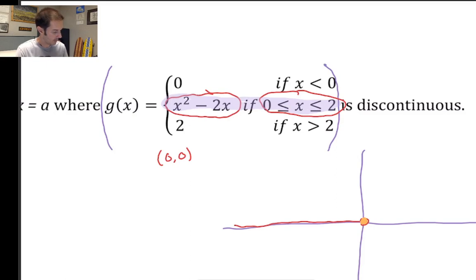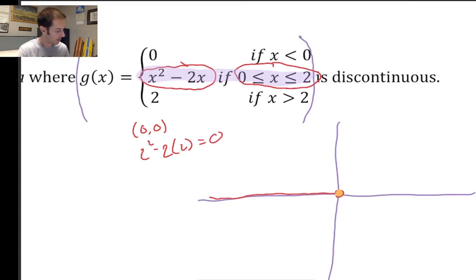So take your x value of 2 and plug it into x squared minus 2x, 2 squared minus 2 times 2, and again it happens to equal 0. So if we go over to our graph and move out 2 points, we would be able to plot a point at 2, 0.